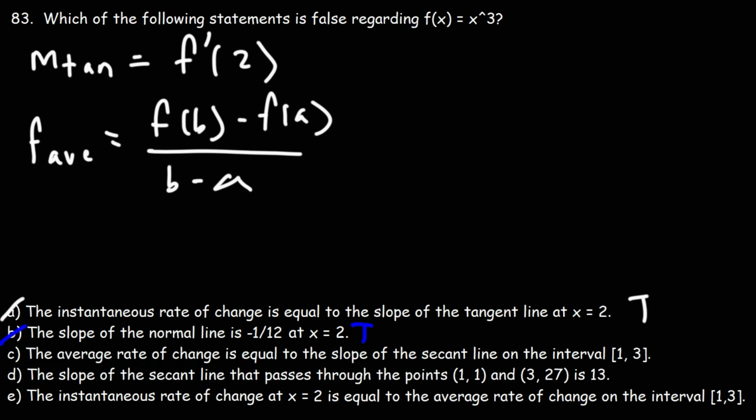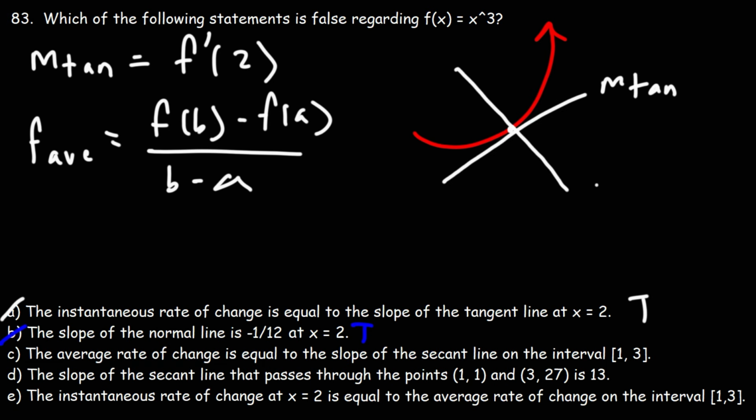So let's say you have a curve, the tangent line touches the curve at 1 point. The normal line passes through the tangent line at that point where it touches f, but it's perpendicular to the tangent line. That's why the slopes are negative reciprocals of each other. The secant line touches the function f at 2 points, at point 1 and point 2. So that is the secant line.